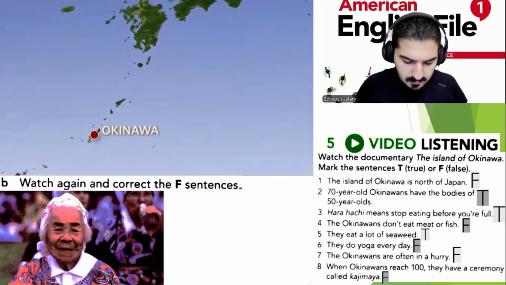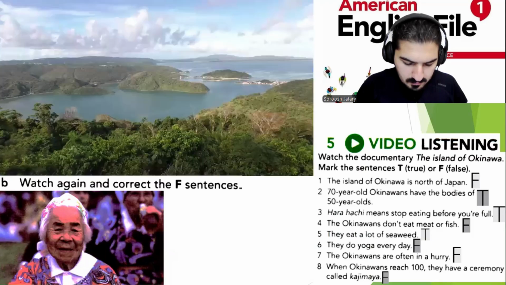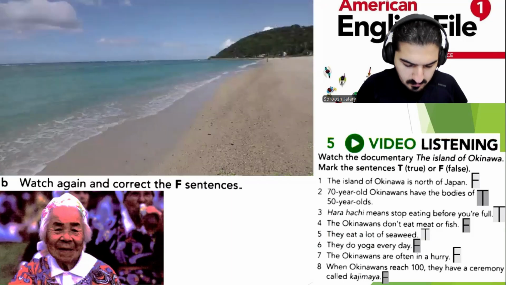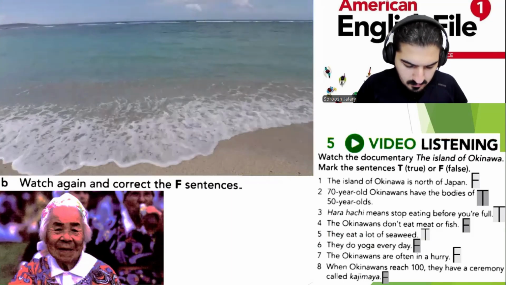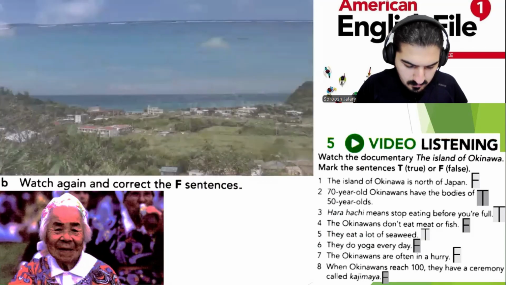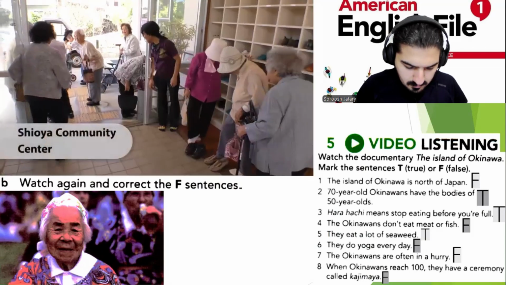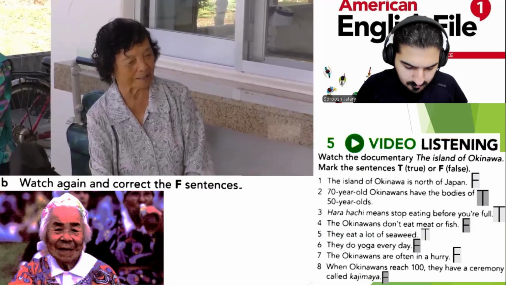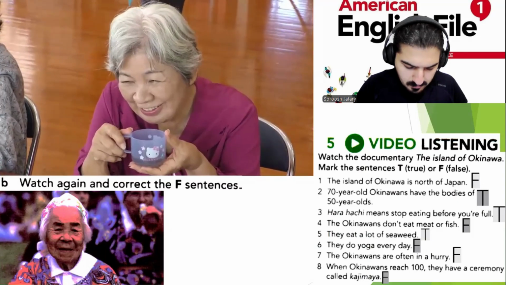Okinawa is an island about 400 miles south of Japan. It is a beautiful island with wonderful beaches and clear blue water. It also has more centenarians, people who are 100 years old or more, than anywhere else in the world.